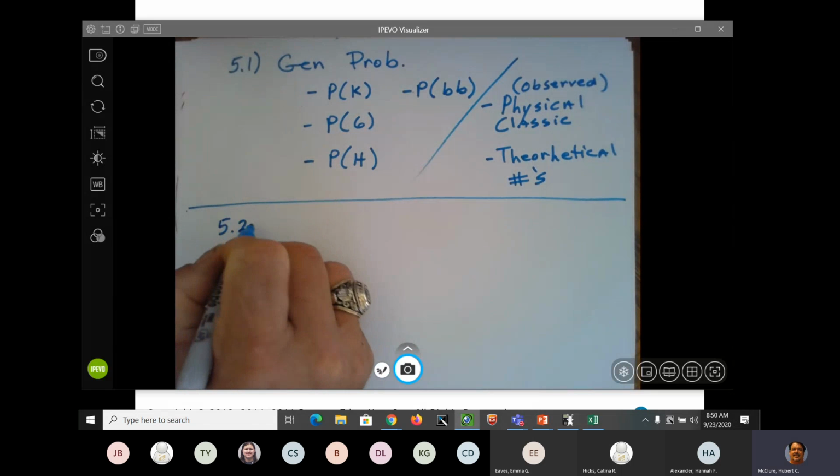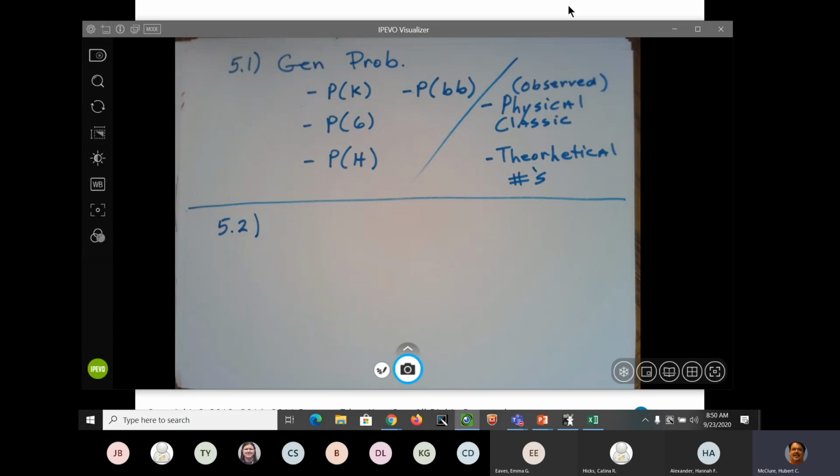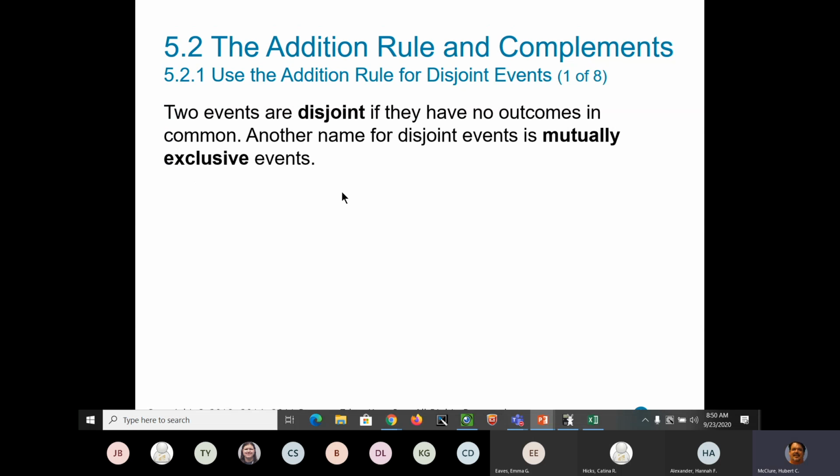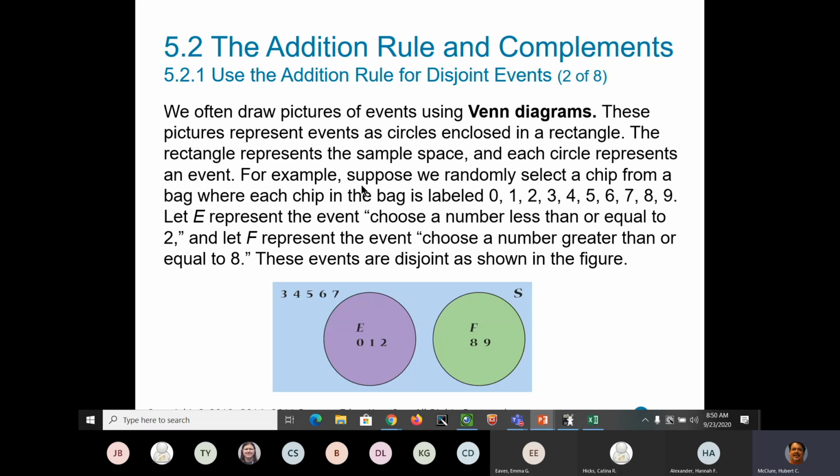In 5.2, we're going to be talking about the additive rule. With the additive rule, you only have to remember 2 things. You don't need Venn diagrams.